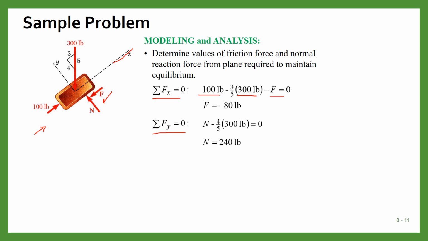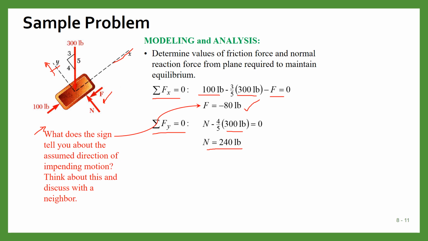From this we can find F is minus 80 pounds. Similarly we can calculate Fy. In the y direction, we have N, and one component of the weight, so N minus 4/5 of 300 pounds, so N will be equal to 240 pounds. So these are the conditions for equilibrium.